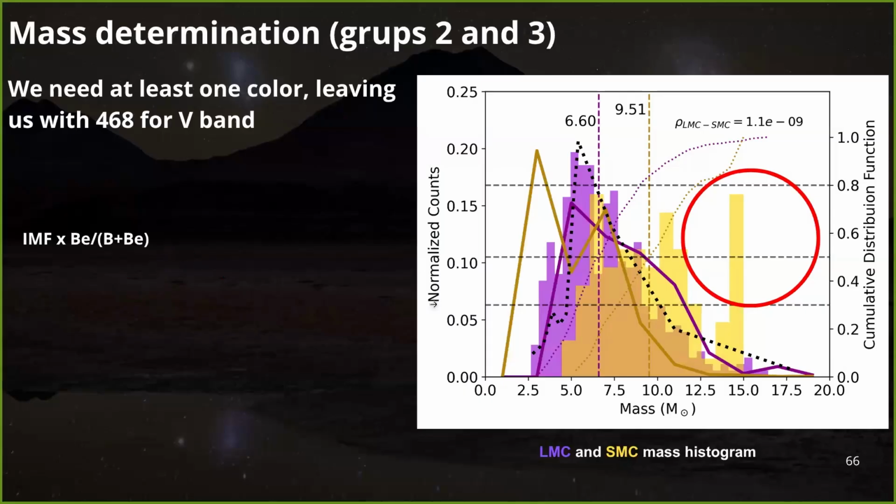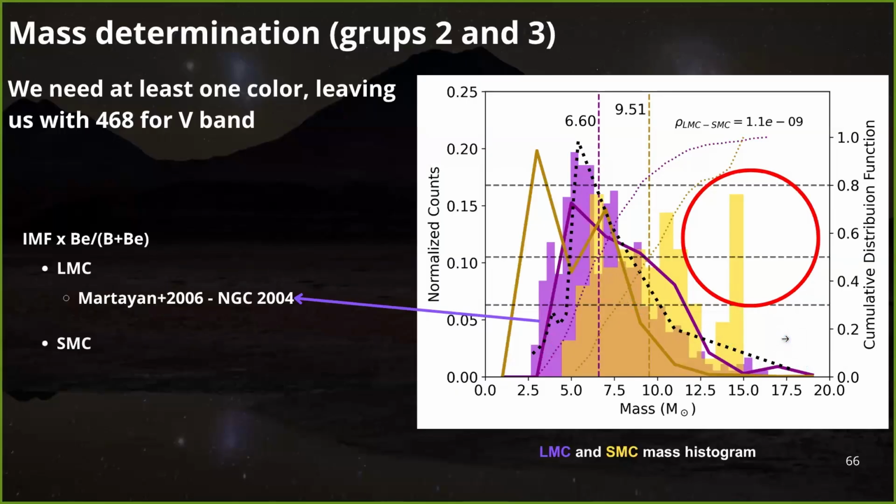So we can compare our samples with the expected populations. For instance, the LMC sample is in good agreement with this purple line here that shows what we should expect if we use the fraction of B stars found by Marta in 2006.